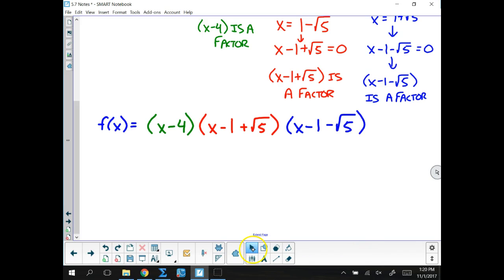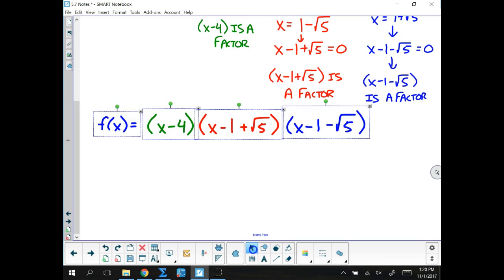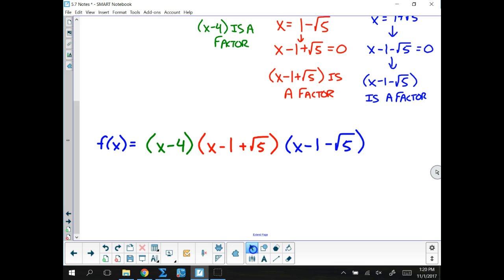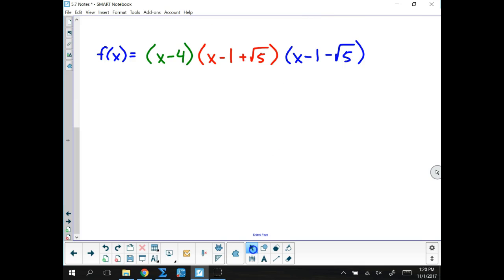Which 2 do you want to multiply first? Red and blue. Red and blue is a great choice to multiply first.